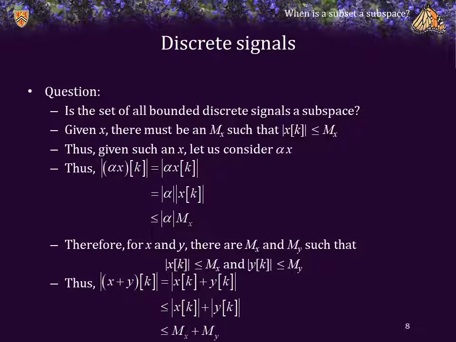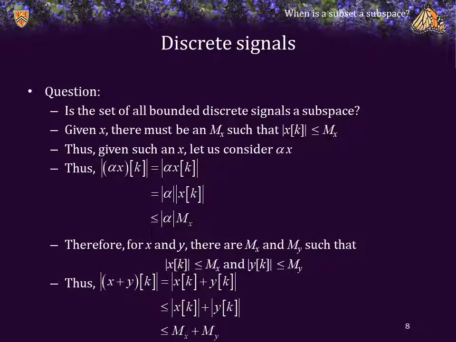But wait a second, we have the triangle inequality. You'll recall that the absolute value of w plus z for complex numbers or real numbers is less than or equal to the absolute value of w plus the absolute value of z. So in this case, that sum is less than or equal to the absolute value of the kth index of x plus the absolute value of the kth index of y.